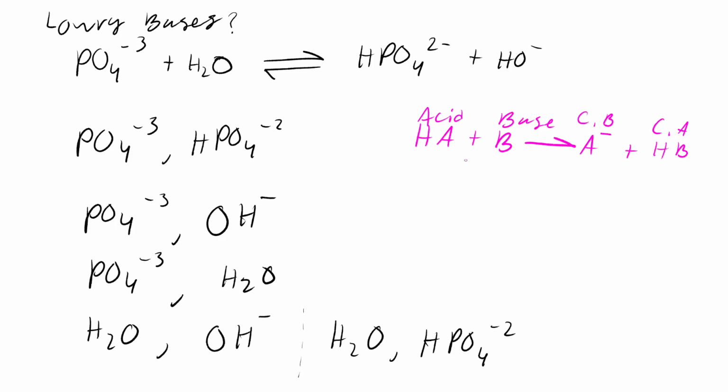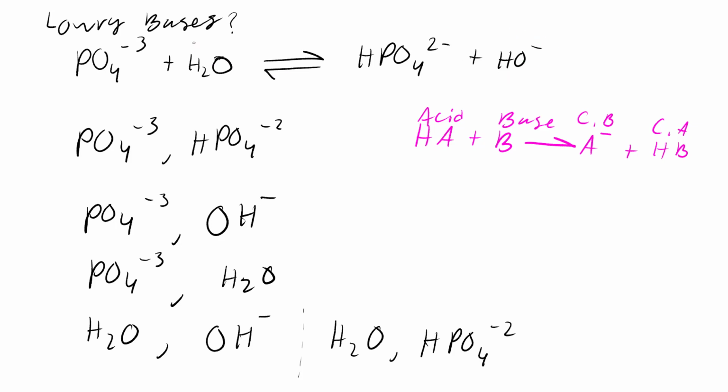Alright, so using that kind of step-by-step logic, we're going to find out what donated the hydrogen. Okay, well, if I'm looking for my acid, PO4 3 negative doesn't even have a hydrogen. Water became hydroxide. It lost a hydrogen.